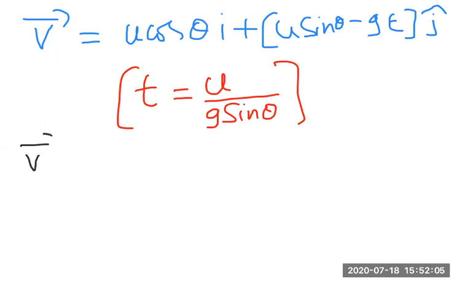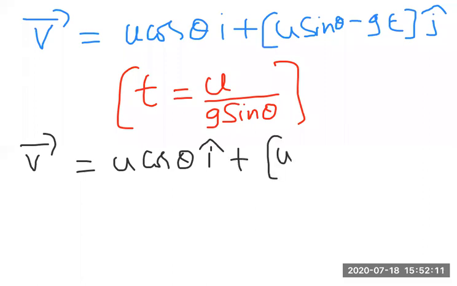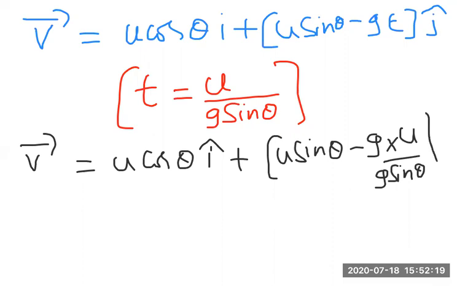Fine. Let us substitute here. v bar is equal to u cos theta i cap plus u sin theta minus g into t, where t is u by g sin theta, into j cap.